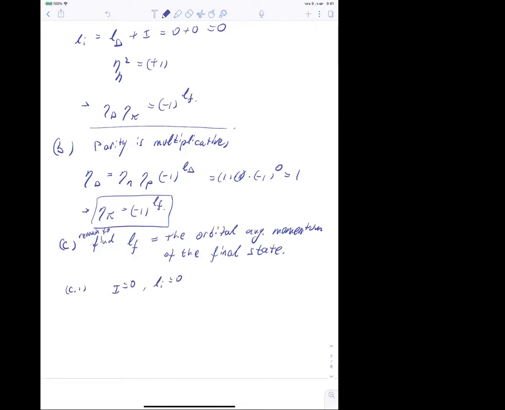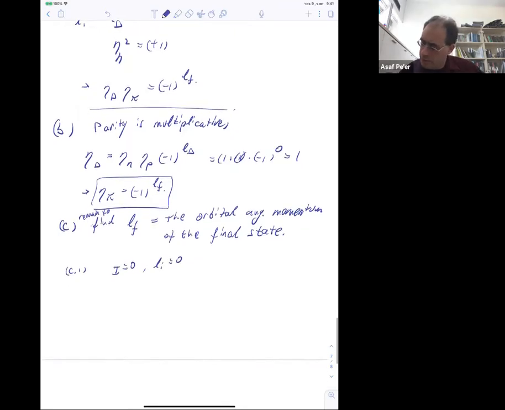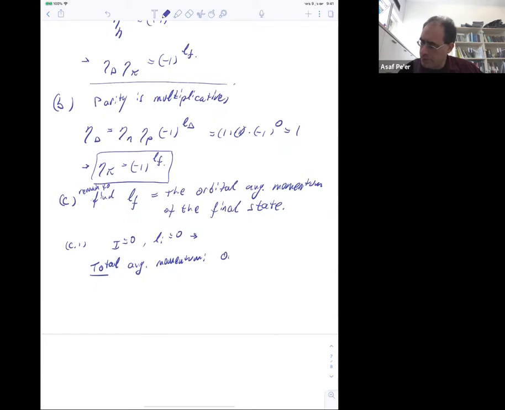So the total angular momentum in the initial state, this means the orbital plus spin, the total angular momentum Ji is J deuterium plus J pion.